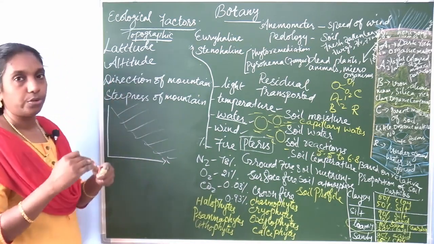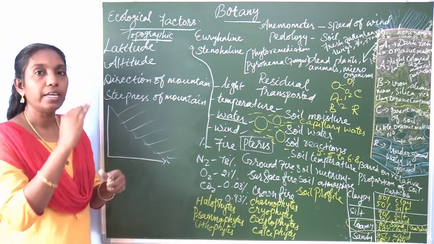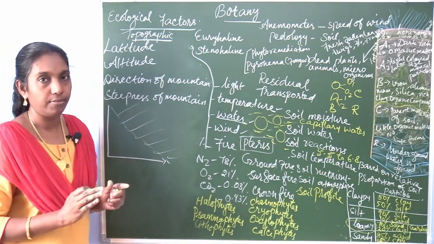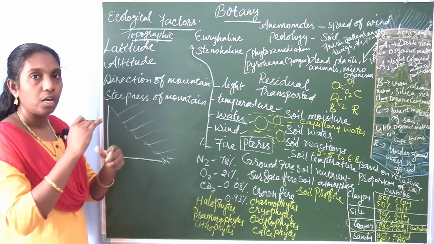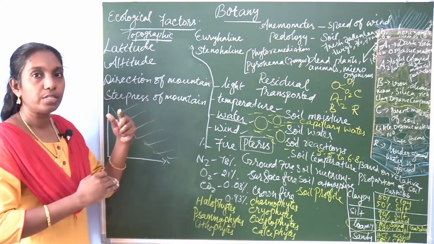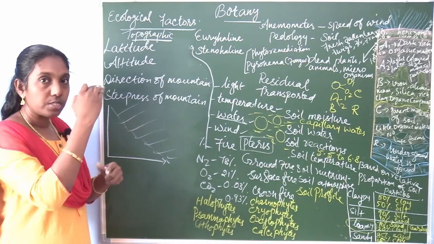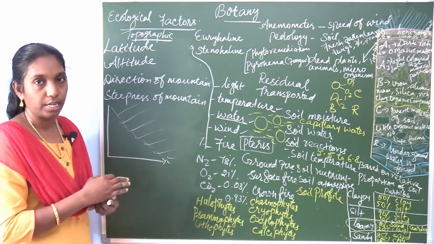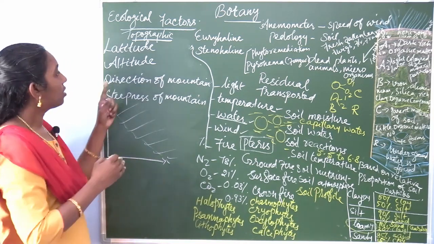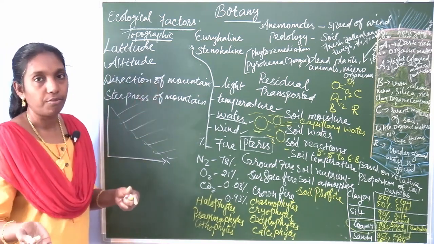And altitude is the height above sea level. Depending upon the height above sea level, the temperature, moisture and humidity can change, so the vegetation may vary.